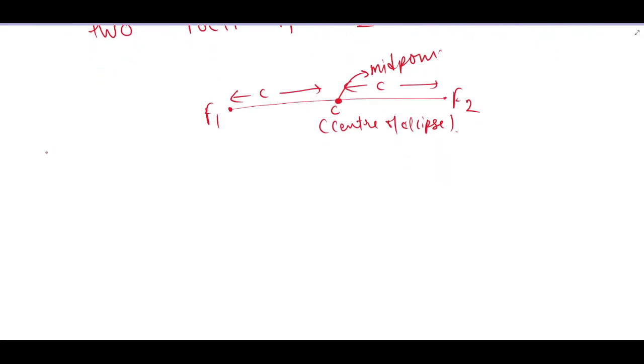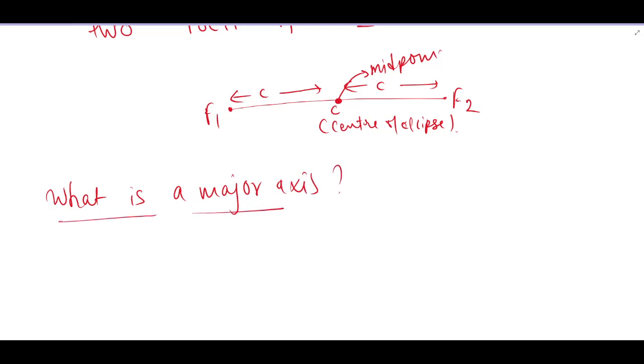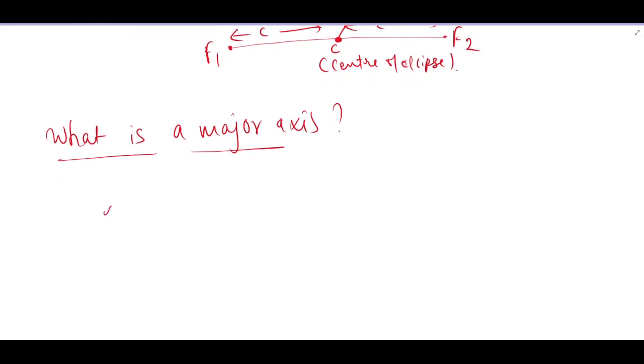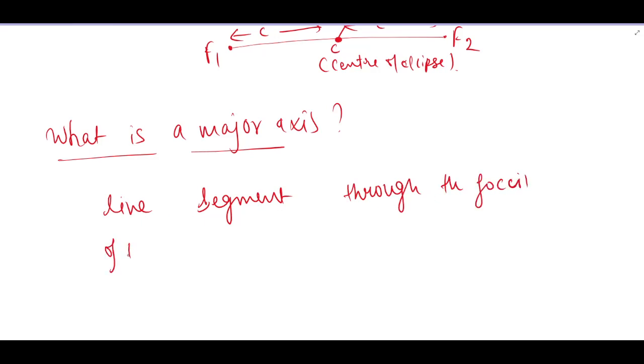Next is, what is a major axis? The line segment through the foci of the ellipse is called the major axis.